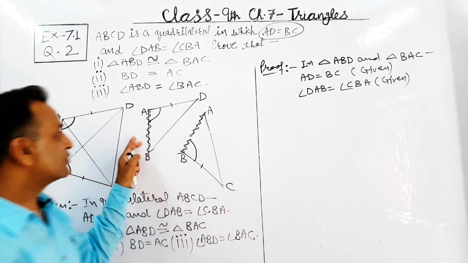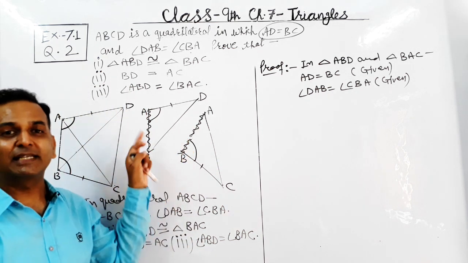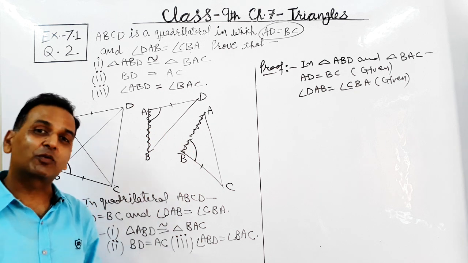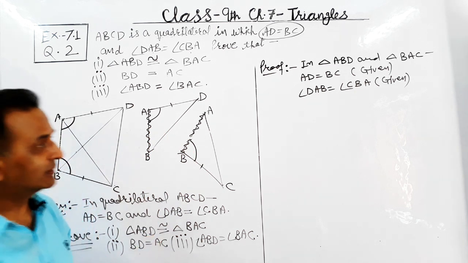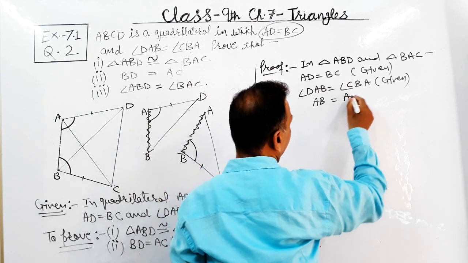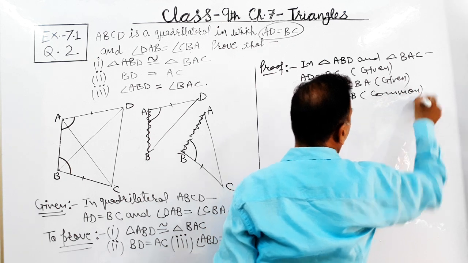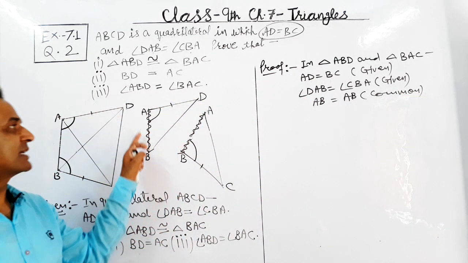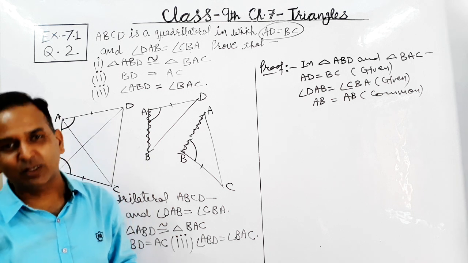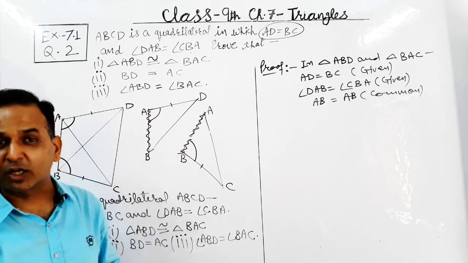Next one, as we have already mentioned, AB being the common side of these two triangles will be equal to itself, so we can write AB equals AB because it is the common side of these two triangles. Because two sides and their included angle are equal, using the SAS rule we can say that these two triangles are congruent to each other.